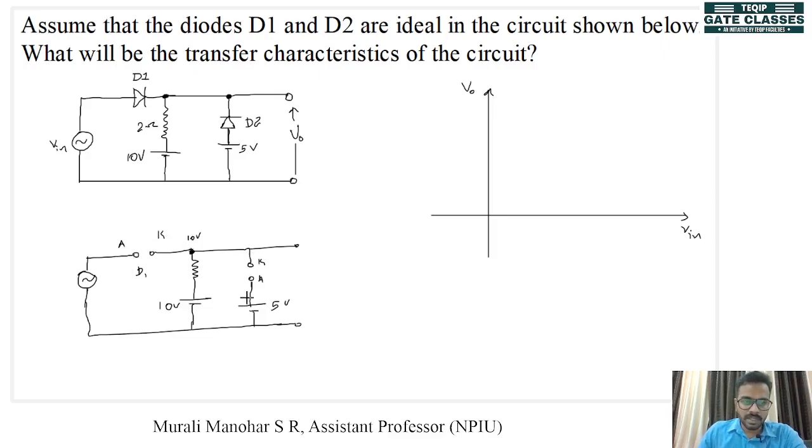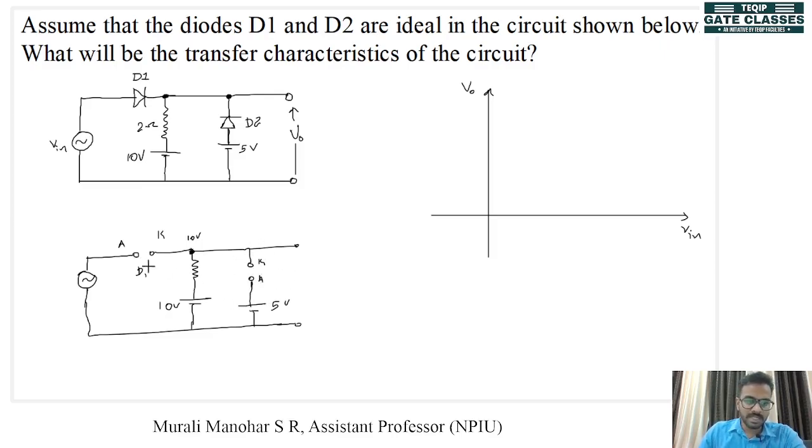When we look at the diode D2, we can see that the anode of D2 is 5 volt, cathode of D2 is connected to 10 volt. So D2 cannot be turned on, right? Because anode voltage is less than cathode voltage. Cathode voltage is more positive compared to anode voltage. So D2 is open circuited and D2 cannot be turned on.